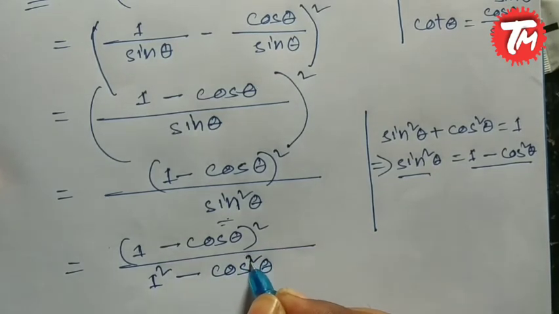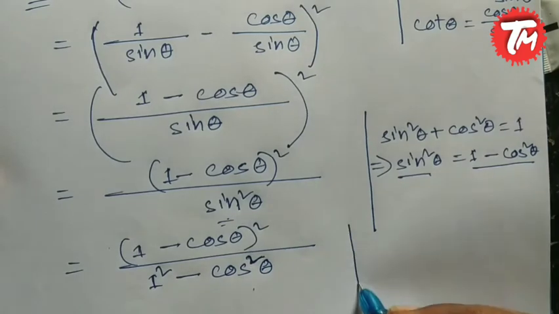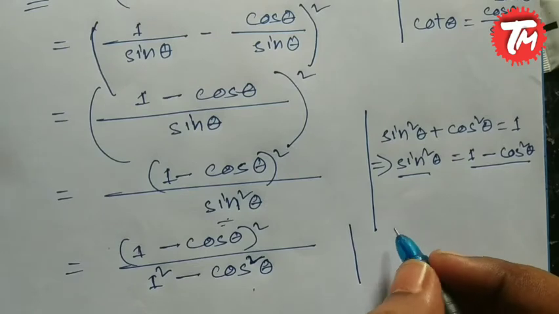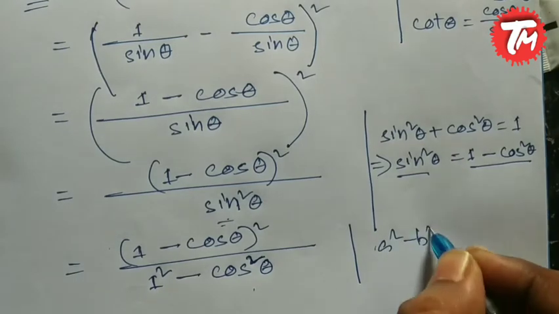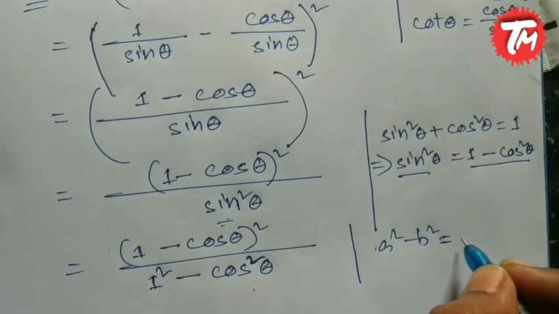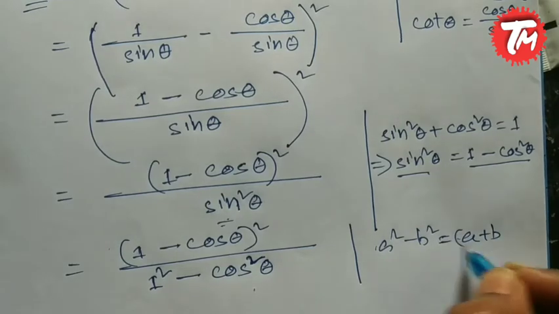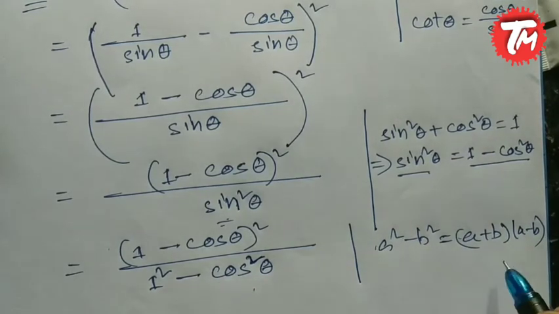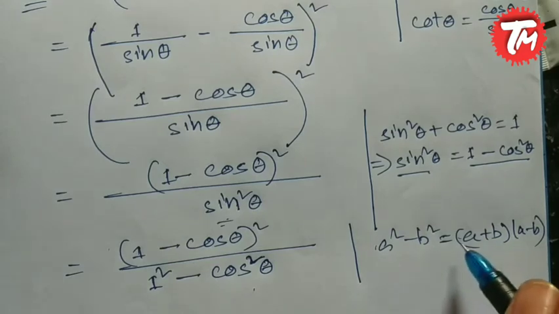So this is a square minus b square, a plus b whole into a minus b.